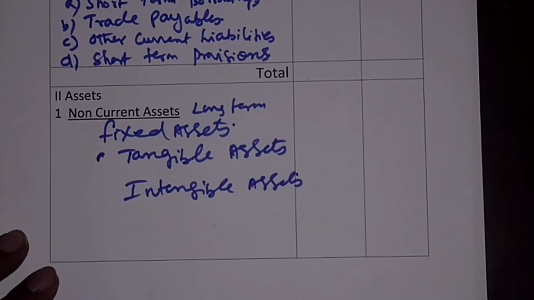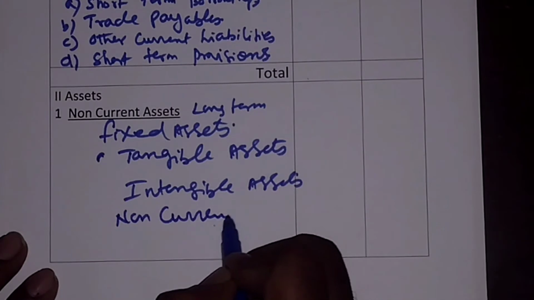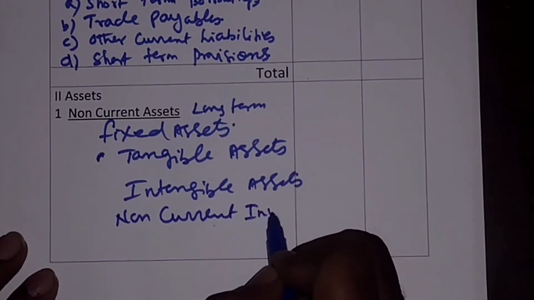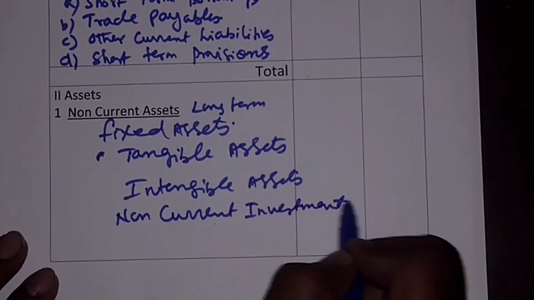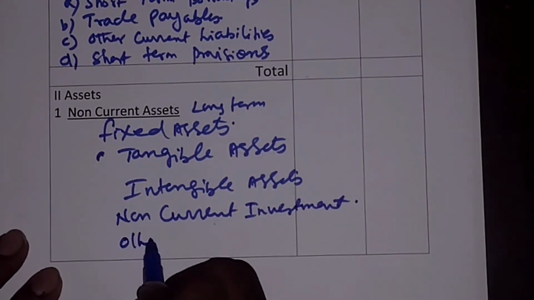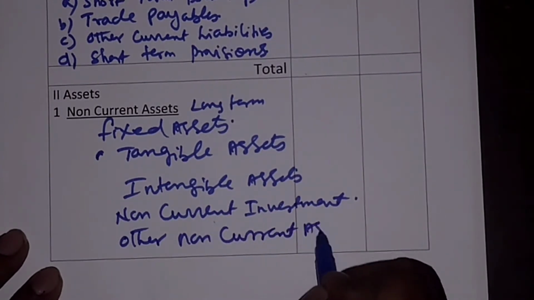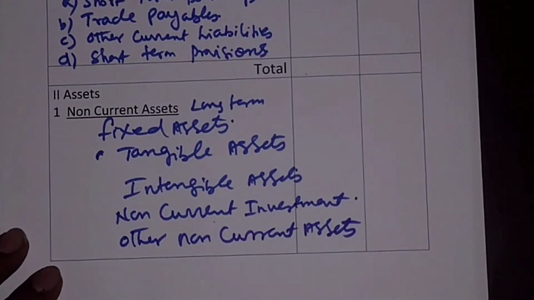After tangible and intangible assets, the next one is non-current investment, that is the investment for a long period of time, and another one is other non-current assets.